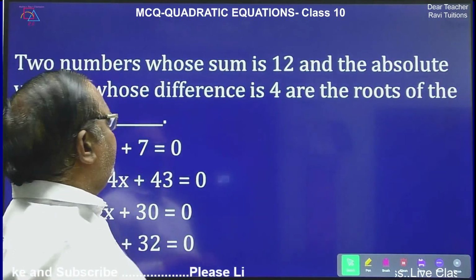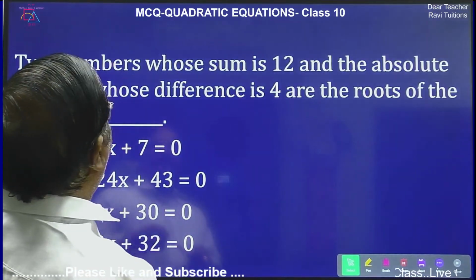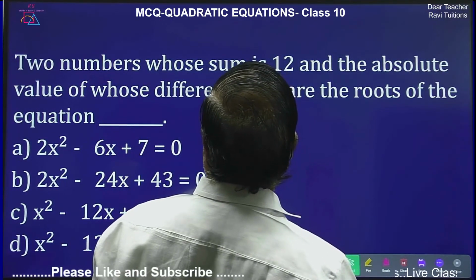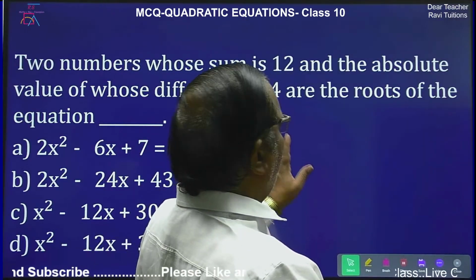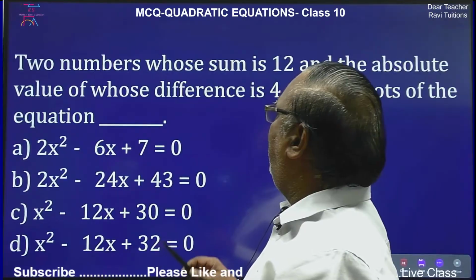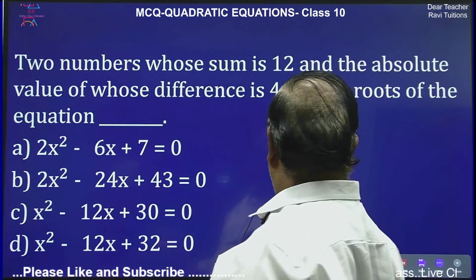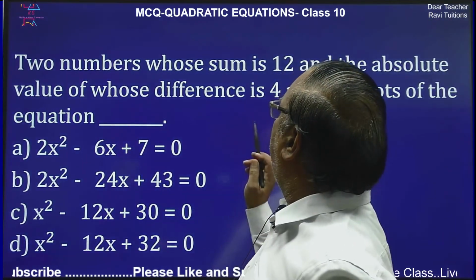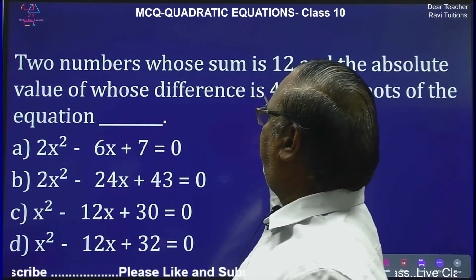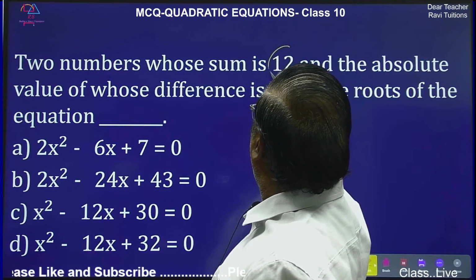Okay. So now the two numbers whose sum is 12 and the absolute value of those difference is 4. Don't worry, absolute difference is given. Absolute value is nothing but the modulus. Okay. So and find the quadratic equation. So now from here we have to start.